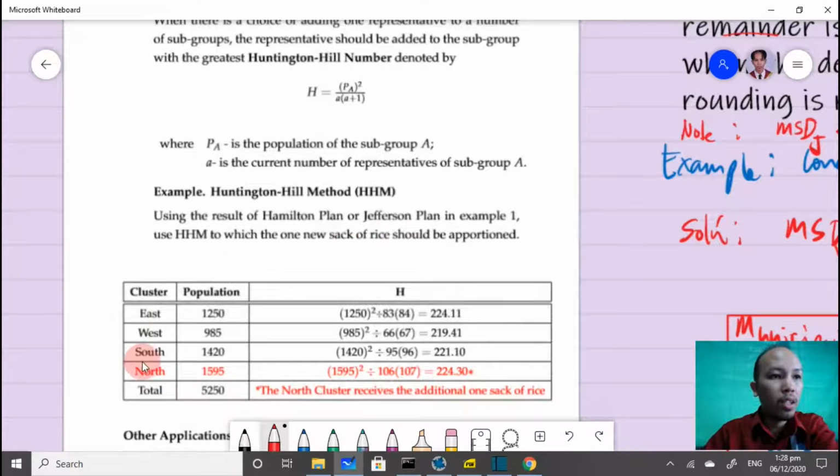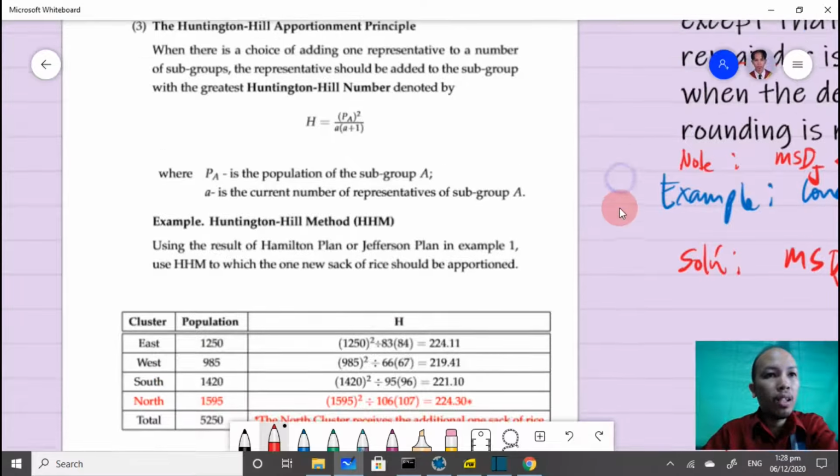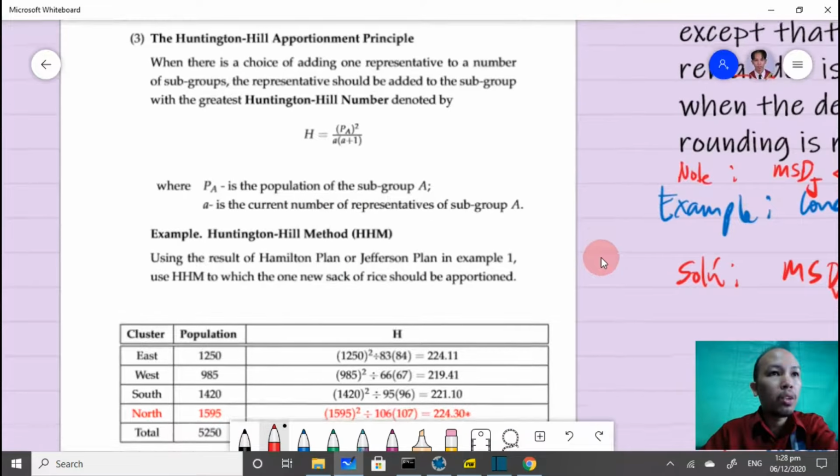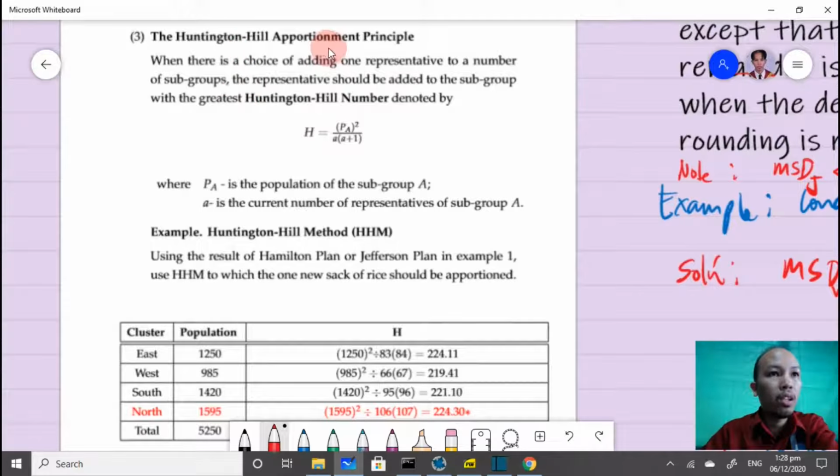Which of the four clusters will receive the new sack of rice? So what you did is use the Huntington-Hill apportionment principle, and this is related to the topic of relative unfairness of the apportionment, meaning it was already discussed in the fairness of apportionment topic.